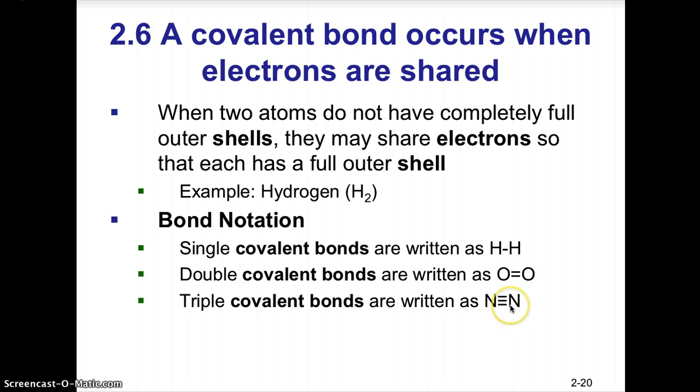And then nitrogen gas would represent a triple covalent bond, written as N with 3 dashes between the 2 ends, and that would be 3 pairs of electrons being shared between those atoms. So here we have a nonmetal bonding with a nonmetal, and it will fulfill the outer shell requirement by sharing electrons. Electrons are not going to be exchanged here.